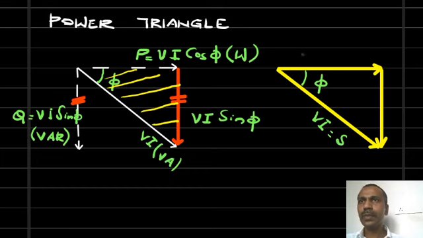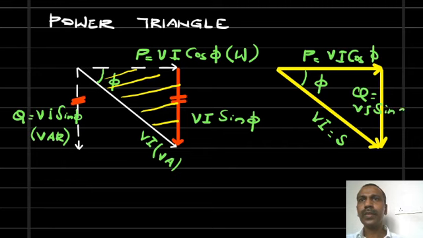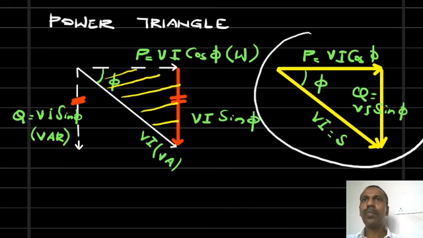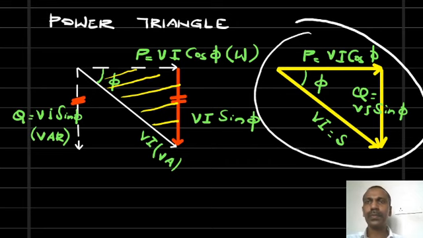And this side is P equals VI cos phi. And this side is Q equals VI sin phi, and this is called the power triangle. So this is our power triangle, because its three sides represent three different powers: apparent power, active power and reactive power.